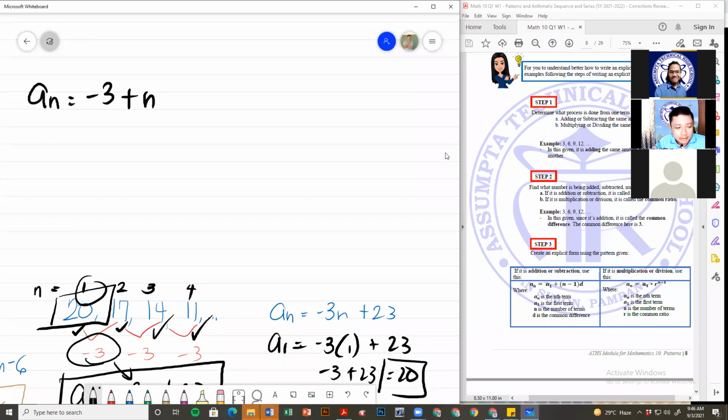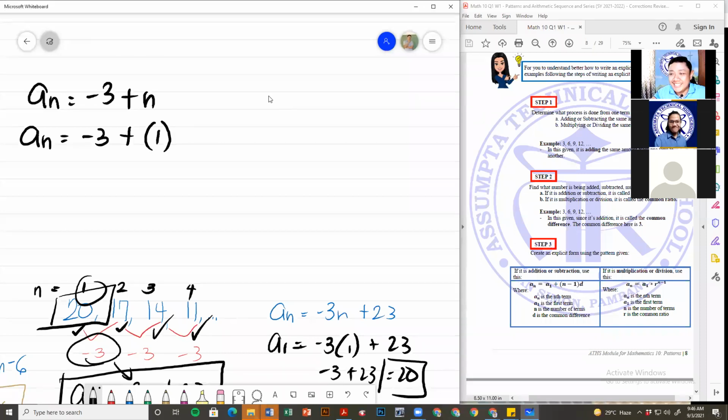Let's have this. A sub 1 should be 20. Subukan natin. A sub n is equal to negative 3 plus n, going back 1. Okay? Kasi first term natin yung 1. So therefore, kapag ginawa natin yun, that becomes negative 3 plus 1.